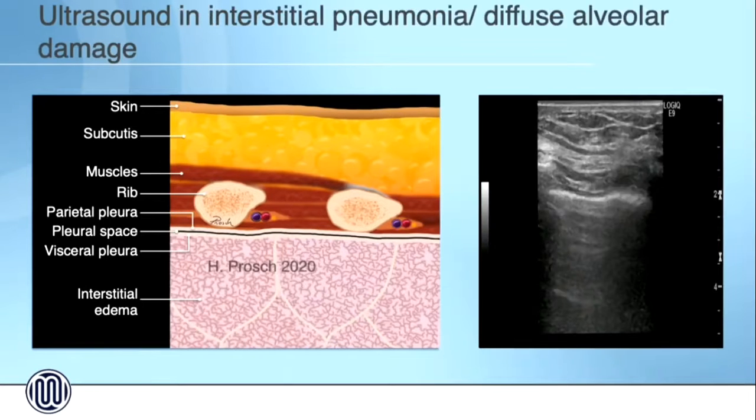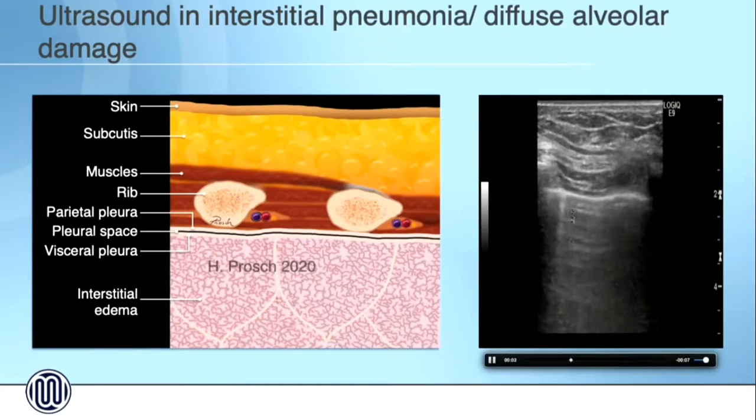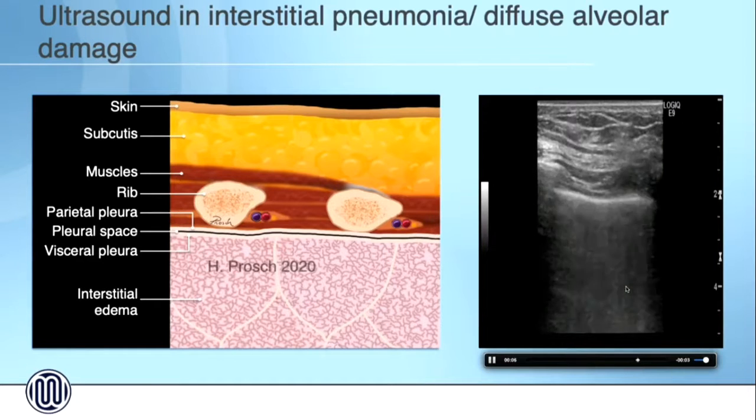And then moving on to a patient with interstitial pneumonia or diffuse alveolar damage, there's more edema now, more fluid in the lung parenchyma, and this leads to an increase in the number of these B lines, as you see here in this patient. These are these lines radiating into the lung parenchyma. These are the so-called B lines you see in pulmonary edema, and you see them also in this kind of infection.